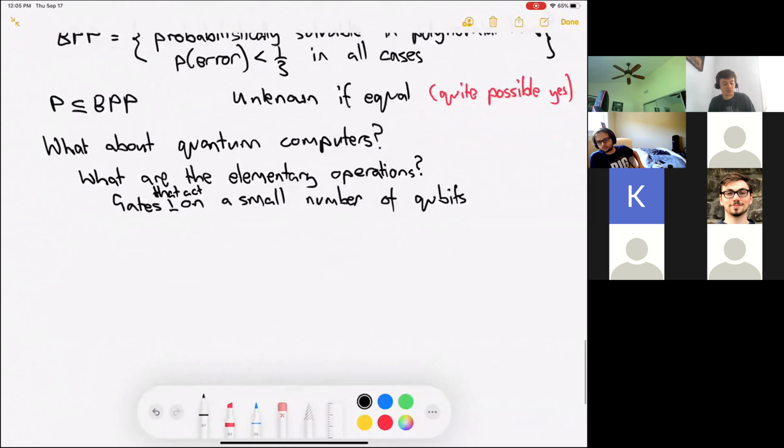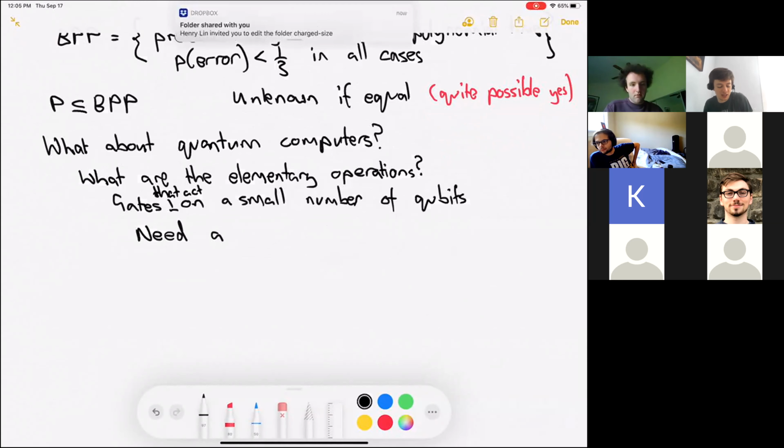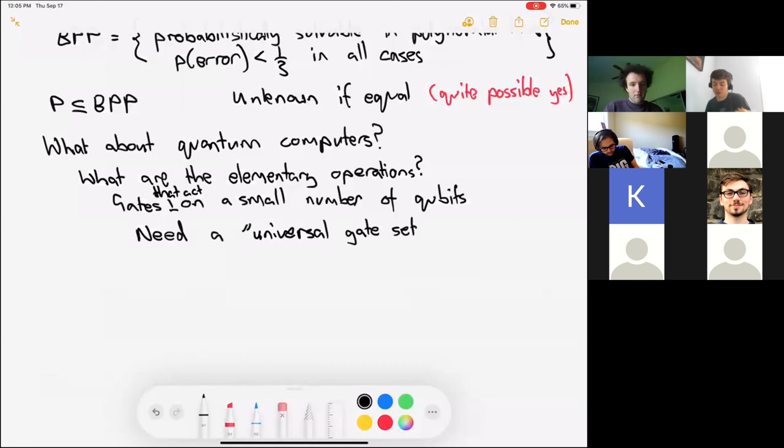So what we really want is just some finite set of elementary operations like you have for classical bits. But we want that finite set to be able to approximate, to be able to build any unitary we want out of that set of gates.